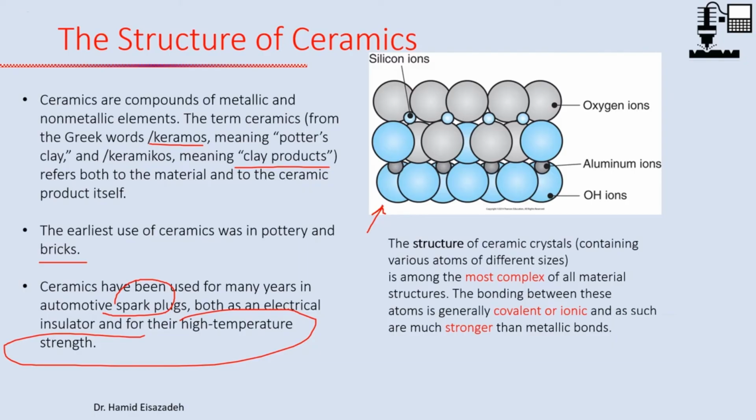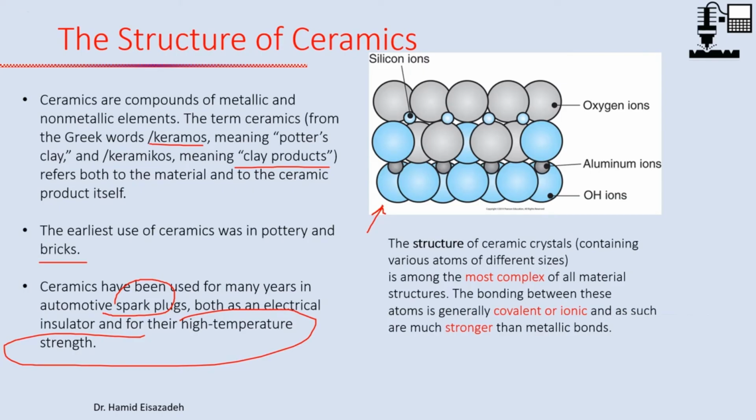The type of bond in this structure is covalent and ionic, and it is much stronger than a metallic bond. Because of this bond, properties such as hardness and thermal and electrical resistance are significantly higher than those in metal materials.